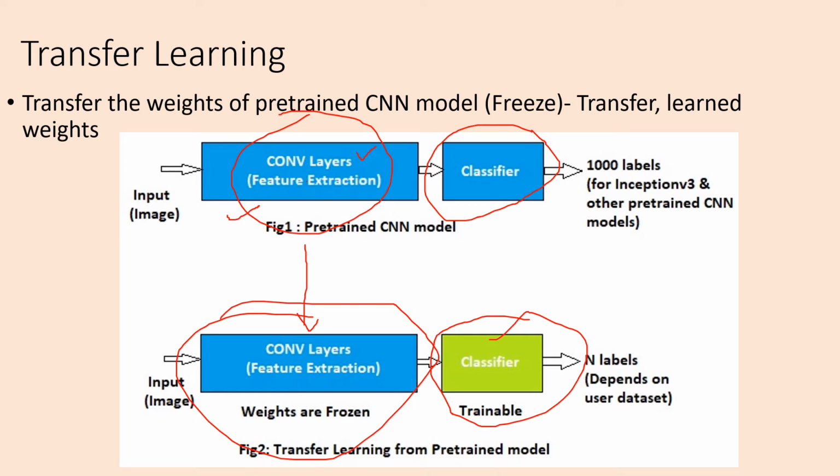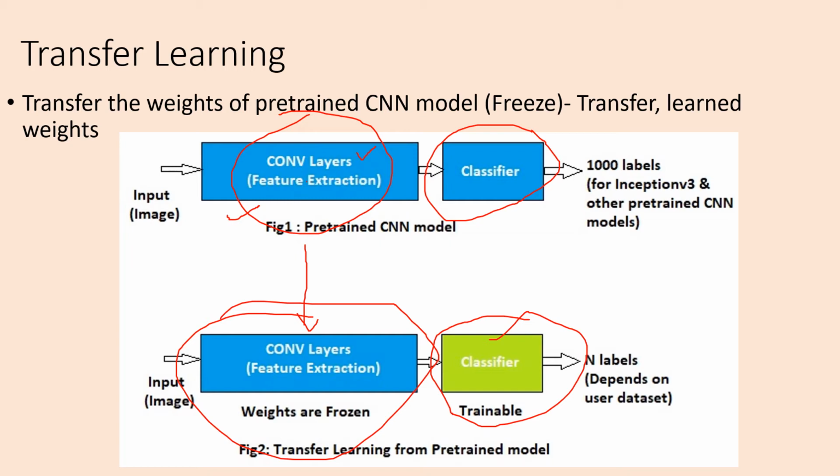The reason is that earlier there were 1000 different outputs for 1000 different image classes. Right now, for your application, you have only two classes, dog and cat, so only two outputs or labels are required. So this part has to be changed.